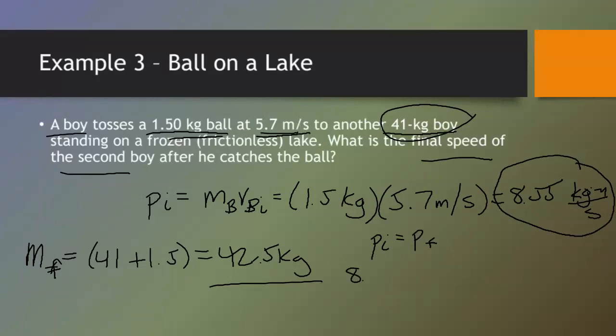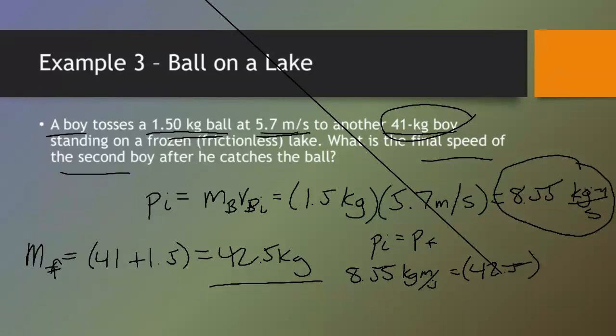8.55 kilogram meters per second is equal to the final mass, which is 42.5, times the final velocity.